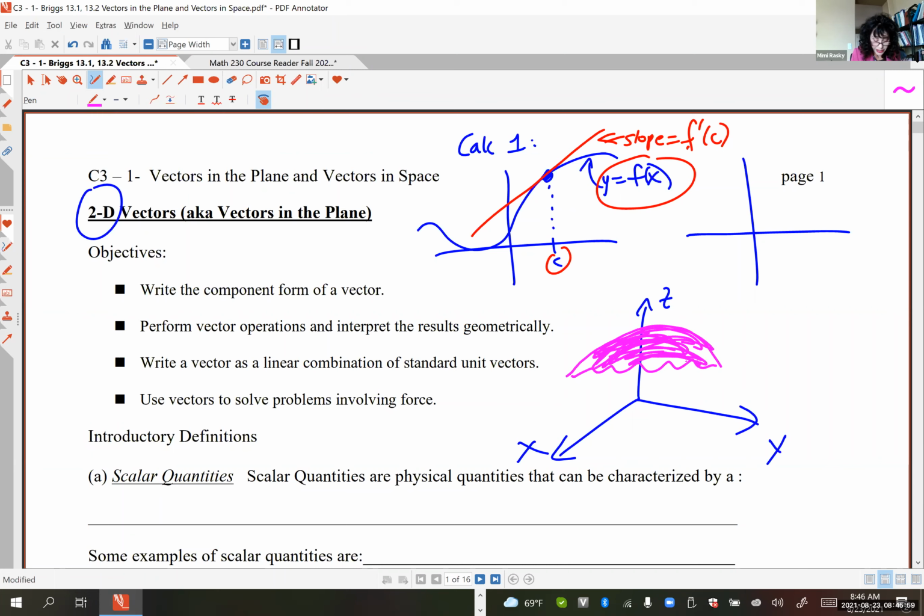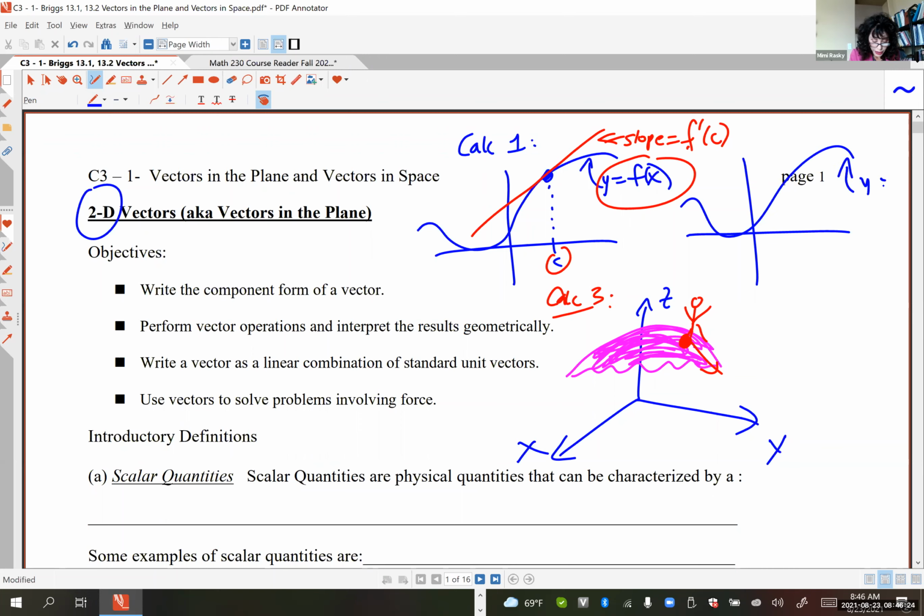If you can imagine, this is 3D. And then we can pick a point. You can think of that as being a mountaintop, if that helps. I'll pick a point on the mountain, like right there. And let's say you're a skier and you're going to ski down the mountain. What's the slope right there? We're going to go over how to do that here in Calculus 3. Pretty cool, huh?